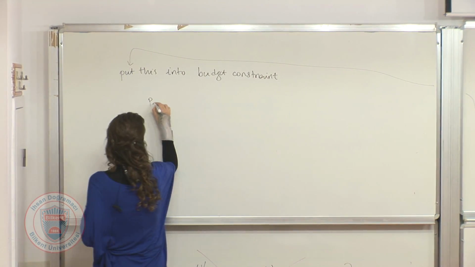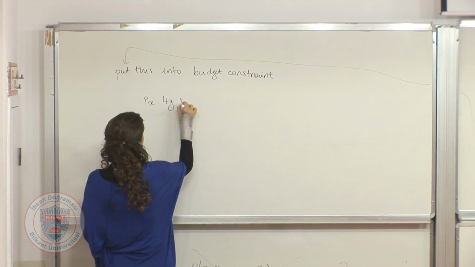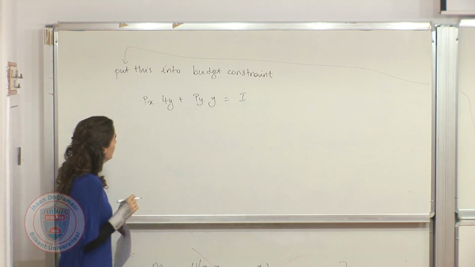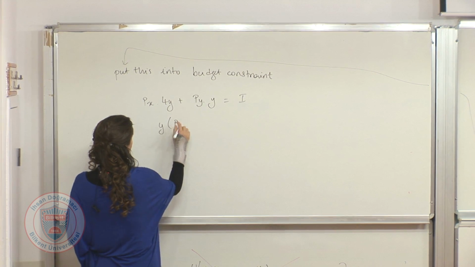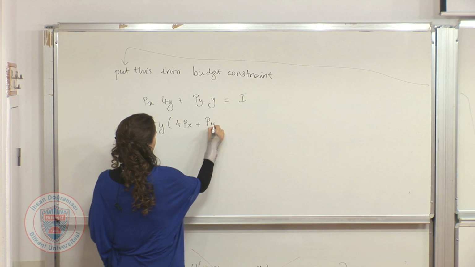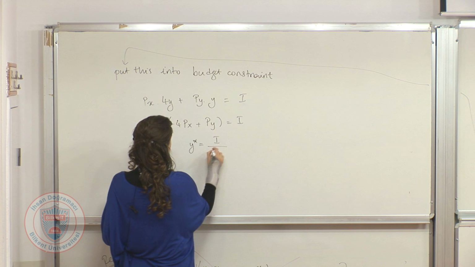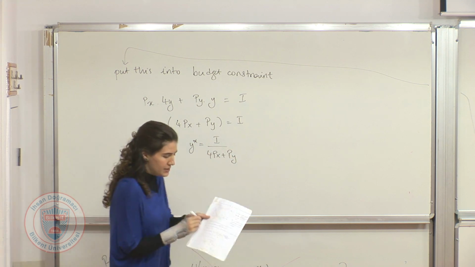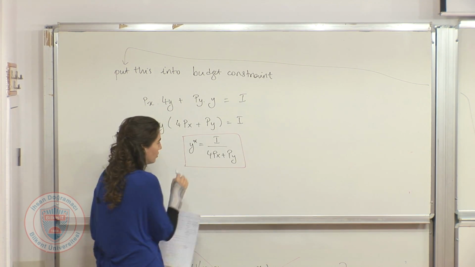So px times, instead of x I write 4y, plus py times y, which is equal to I. From here, I get y times (4px plus py) equals I. So y star is I divided by 4px plus py, okay? So this is the demand curve for good y.